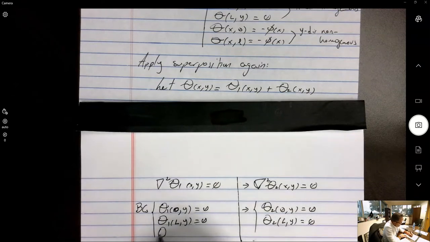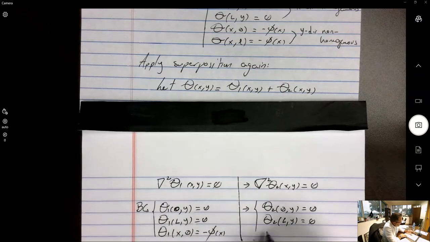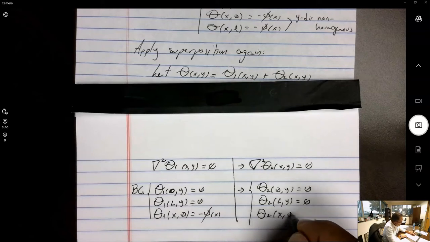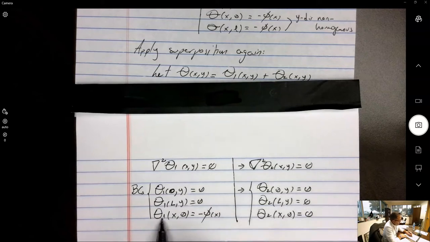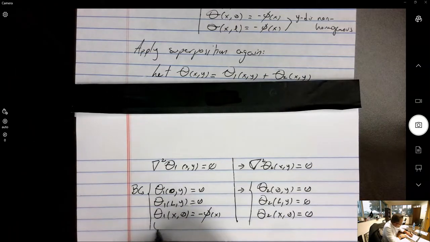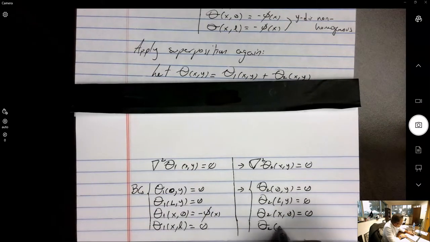If theta 1 of x, 0 is equal to minus phi of x, then theta 2 of x, 0 will be 0. So theta 1 plus theta 2 is equal to minus phi of x, and that satisfies. And finally, if theta 1 of x, small l is equal to 0, then theta 2 of x, small l should be equal to minus phi of x.